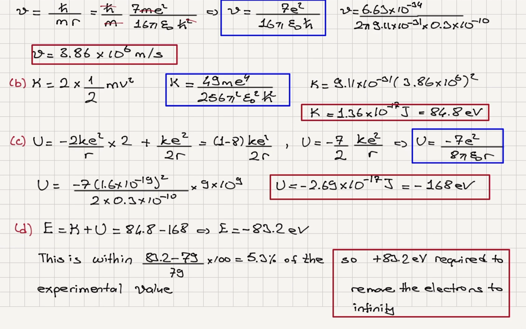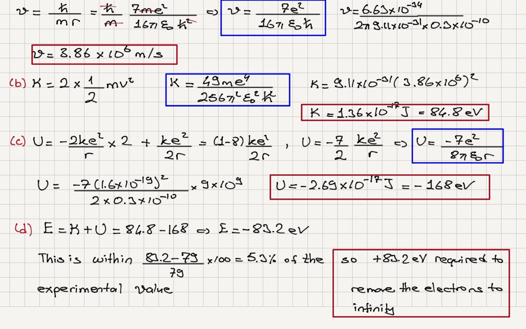And then we calculated the orbital speed by looking at the angular momentum, m v r equals h bar, and substituting for r what we have found. The total kinetic energy is twice the kinetic energy of the electrons, m v squared. We can just substitute what we have found for v here to calculate it.